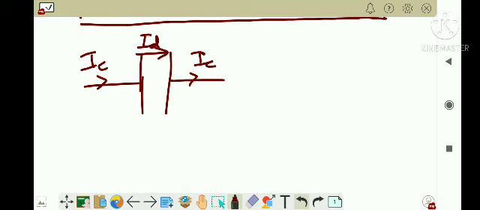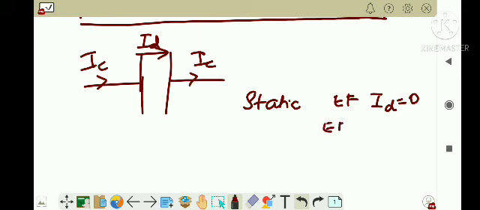So in the case of static electric field, that is, the electric field is constant, it doesn't change with time, in that condition displacement current will be equal to 0, right? Whereas in time varying conditions the electric field will not be constant, it will be changing, right? So in that case ID is not equal to 0. So there are some conditions where IC can be 0, ID can be 0, and vice versa, right?